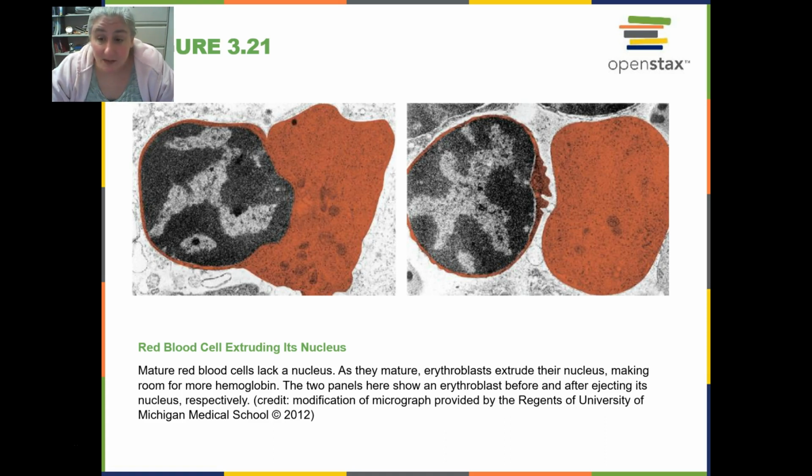So they basically are just a spherical structure that contains hemoglobin. And they move around our system carrying hemoglobin, which binds oxygen, and they bring the oxygen to our cells all the time. That's what they do. So skeletal muscle is multinucleate, whereas blood is anucleate, or has no nucleus.